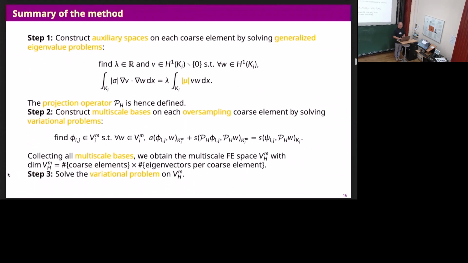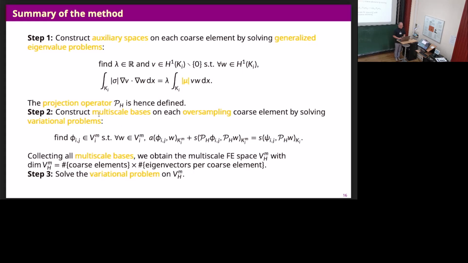And then this is a summary of the method. In step 1, for each coarse element, we solve this local spectral problem to get a set of local eigenfunctions. Once we have these local eigenfunctions, we can define this projection operator PH, which maps any function to a linear combination of these local eigenfunctions.